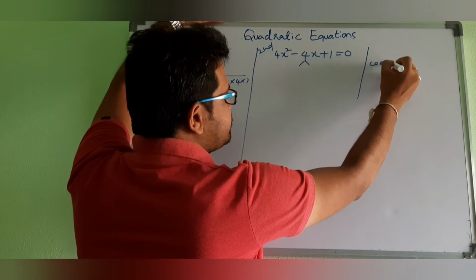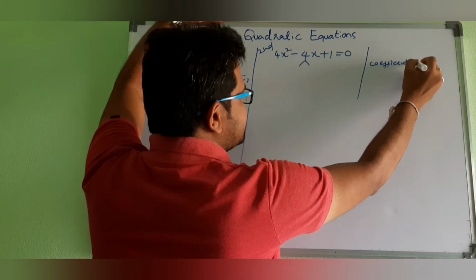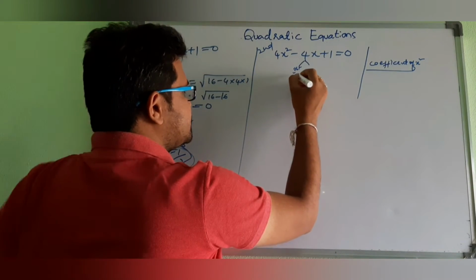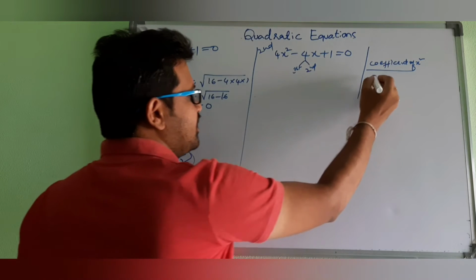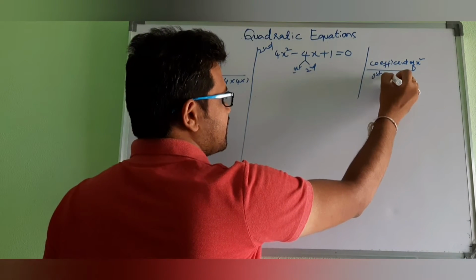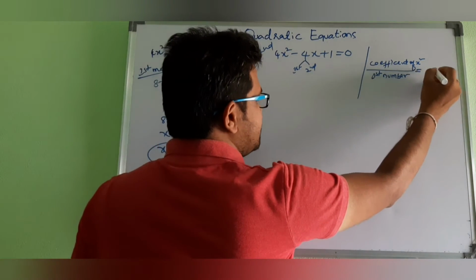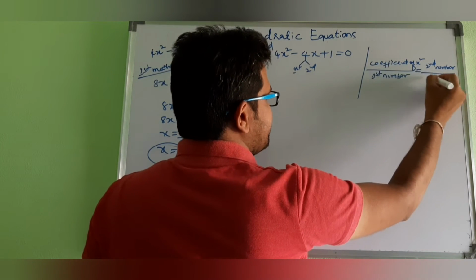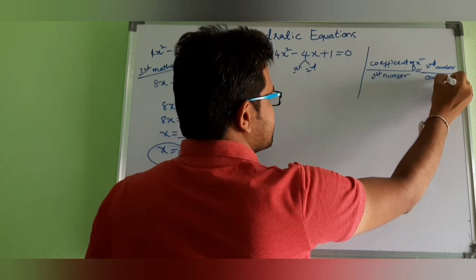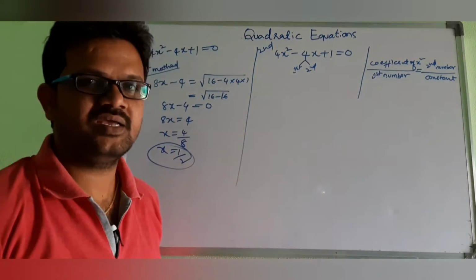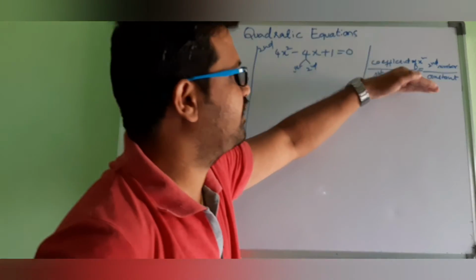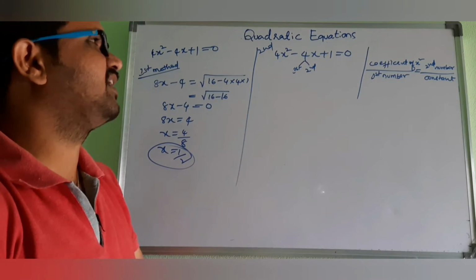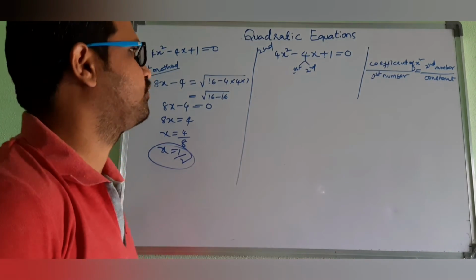Coefficient of x square divided by the first number is equal to the second number divided by the constant. In this way we have to split, then we directly get the factors. Once we get the factors, we can directly find the value of x.